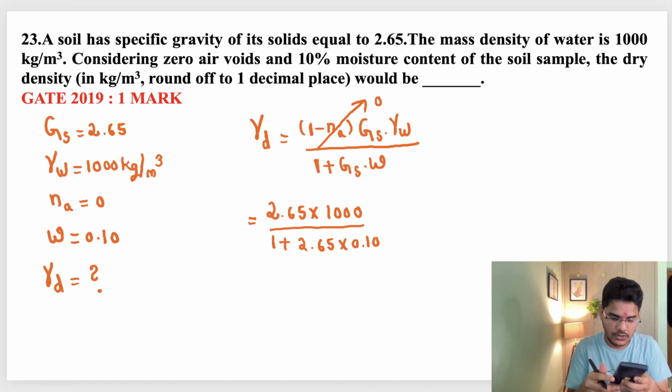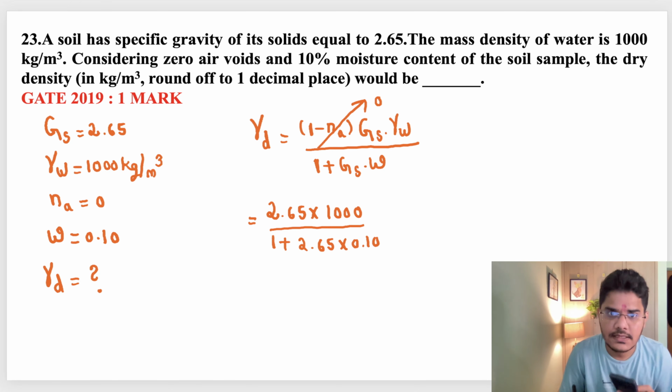So calculate how much it is coming around. 2.65 into 1000 divided by 1 plus 2.65 into 0.10. 2094.86 kg per meter cube.